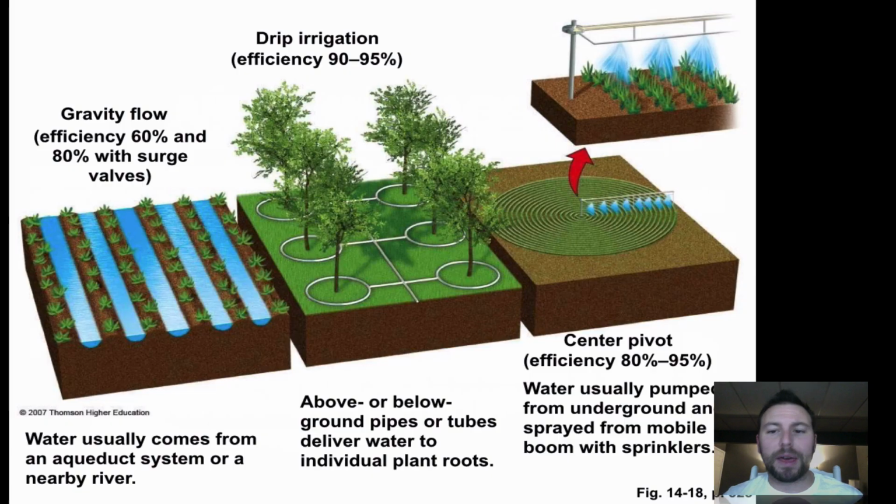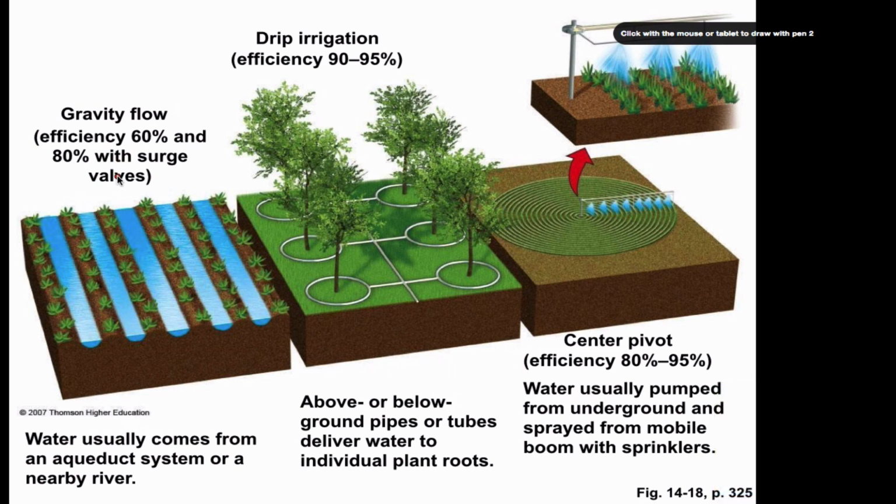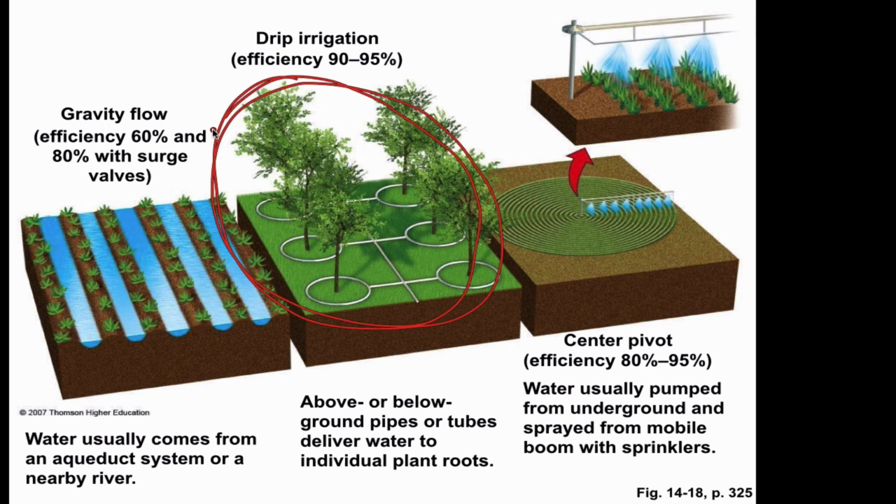These are just different methods we have for irrigation. So you can see the number we have. We have the gravity flow right here. I don't think it's really the best. We do see it occasionally, but drip irrigation, definitely on a residential level, is quite doable, and we do see it on a commercial level where these pipes go out, they have little holes in the pipes, and they drip water directly onto the ground.